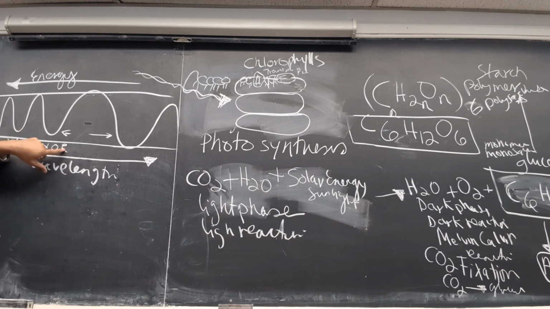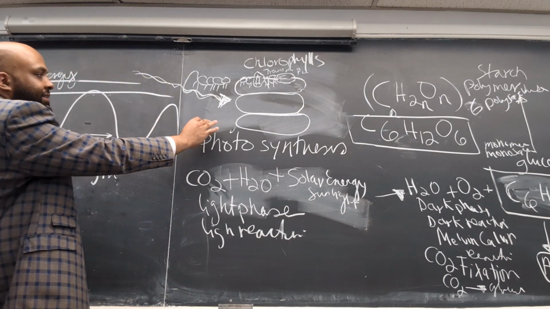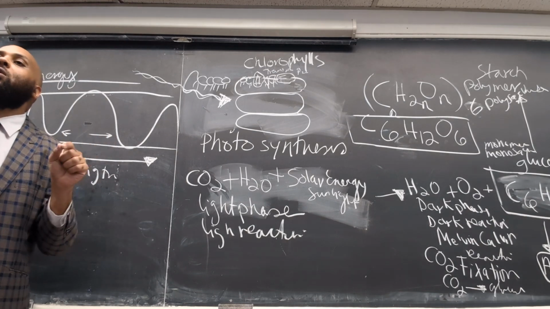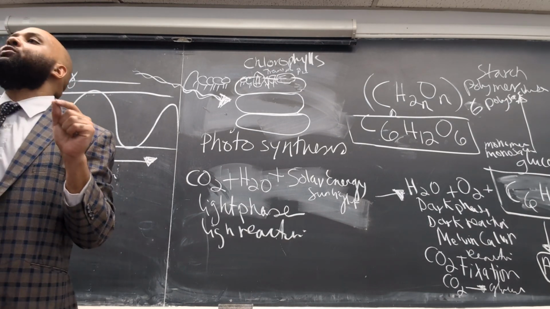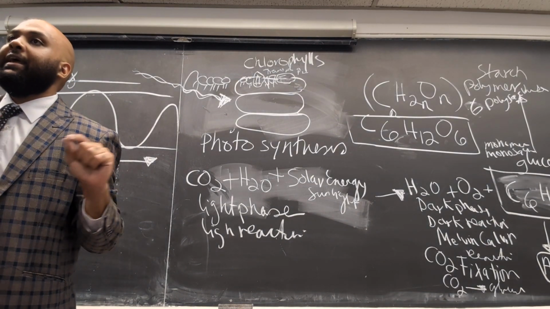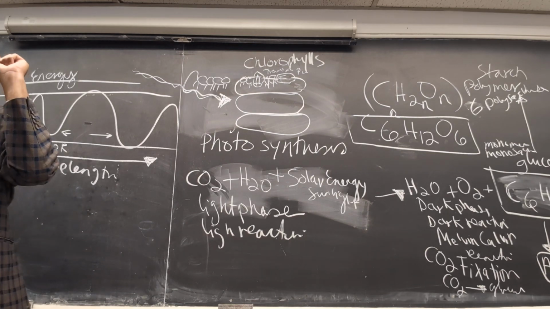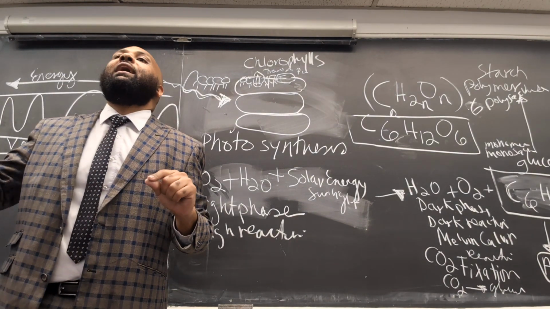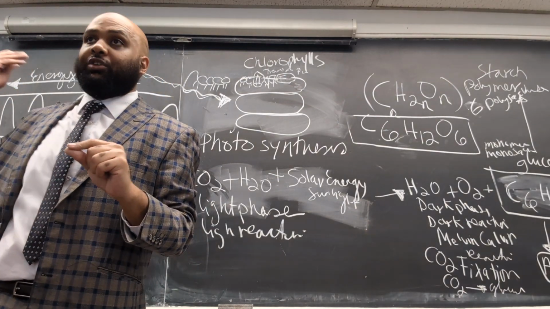And red has the highest wavelength and the least energy. But what you need to know is when we project this light into the chlorophyll, it is not going to absorb all of the light. It's going to absorb certain particular wavelengths, and it's going to allow the passage of the other wavelengths.